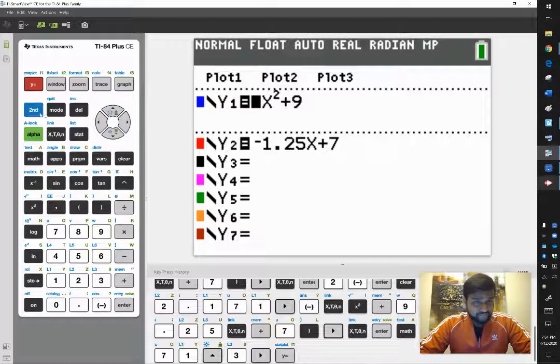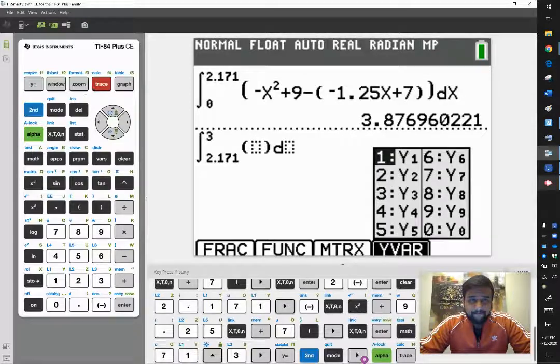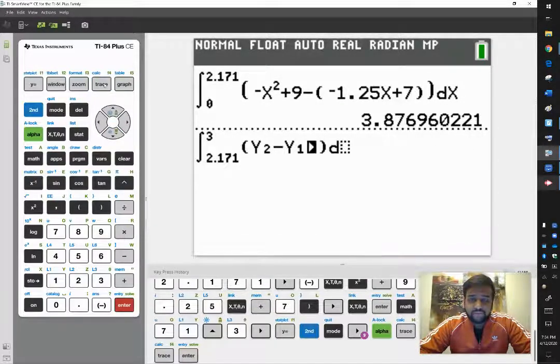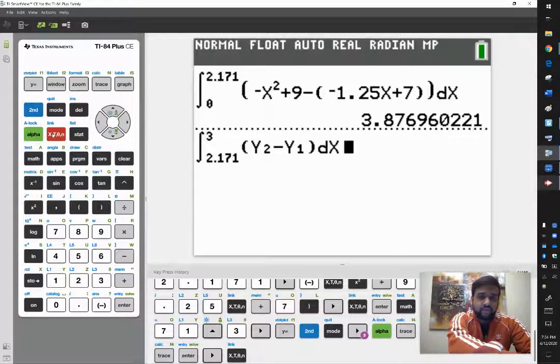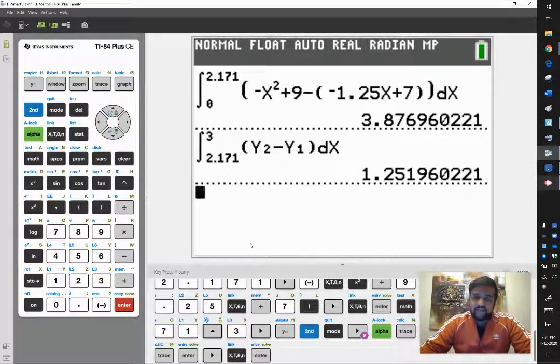So I've already typed it in here, so I don't have to type them in again. I can hit alpha trace, and I can do y2 minus alpha trace y1. So in the calculator's point of view, y2 and y1 are those functions that are entered in y equals. Therefore, it's doing exactly this operation. And we get a smaller answer because it's a smaller area, 1.252.